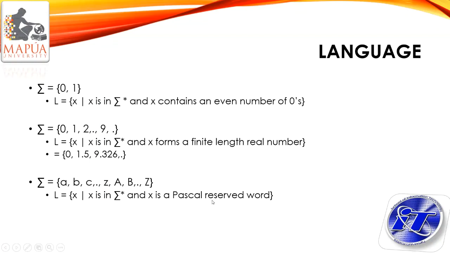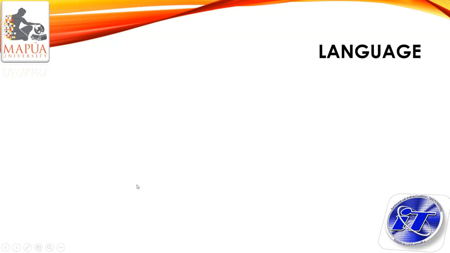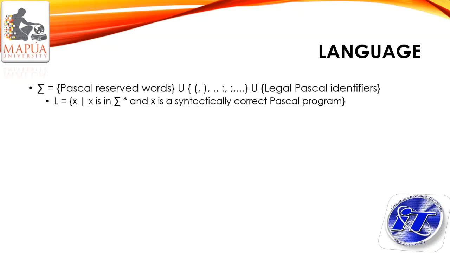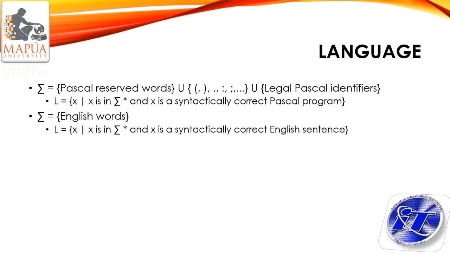So any Pascal reserved word is part of this language, for example begin, if, and other reserved or command words. We also have English words, a collection of words in English that form a correct English sentence. Those are some examples of languages.